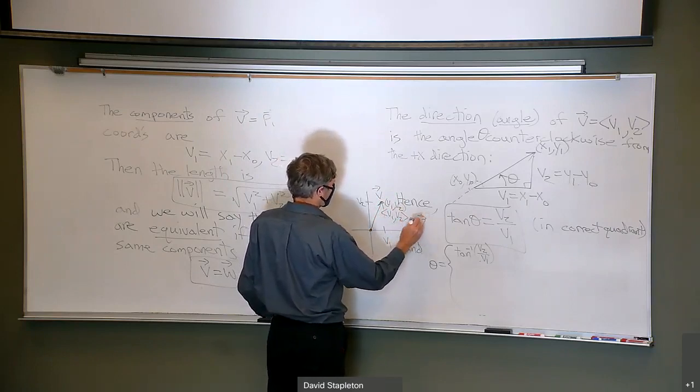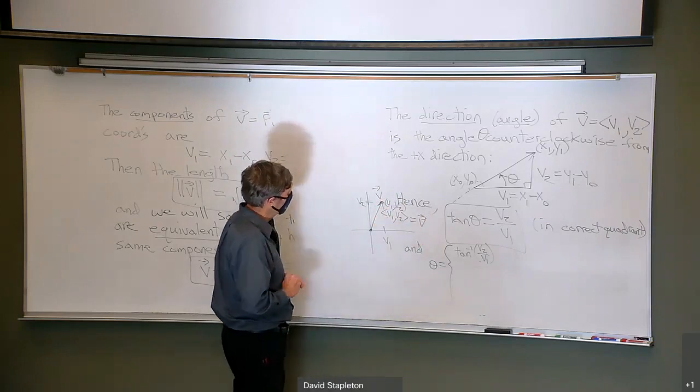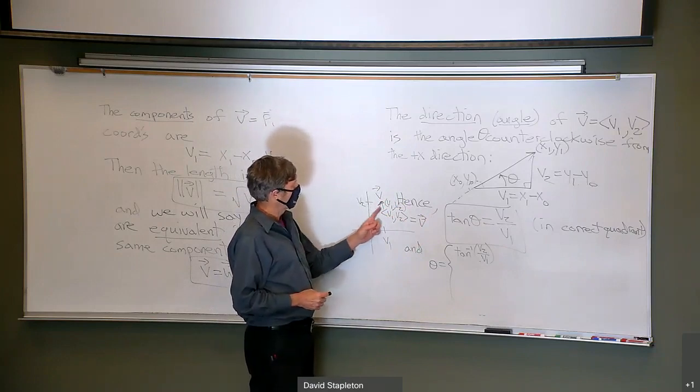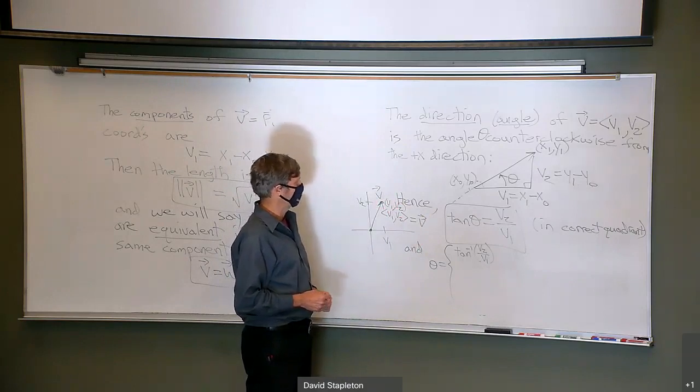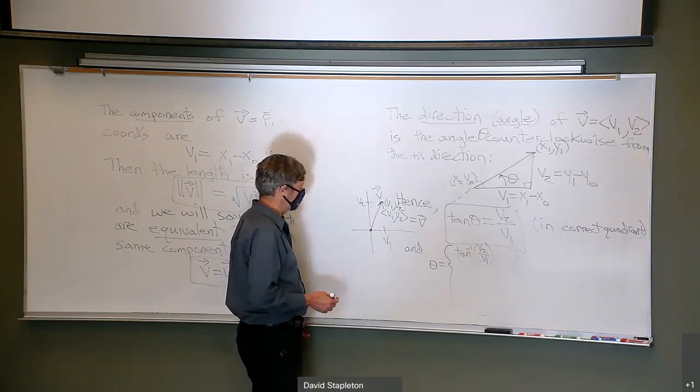But if I'm looking at a point, then I'll draw these round brackets. So when the vector is at the origin, and if and only if it's at the origin, the components of the vector are actually equal to the coordinates of the terminal point. So that's convenient. And then it's very easy to calculate the direction angle too.